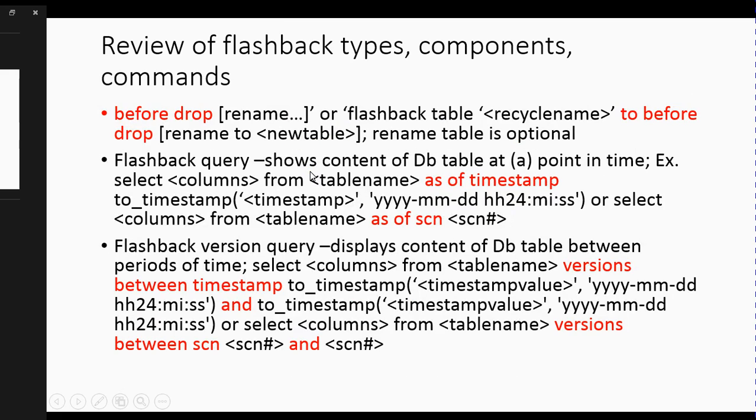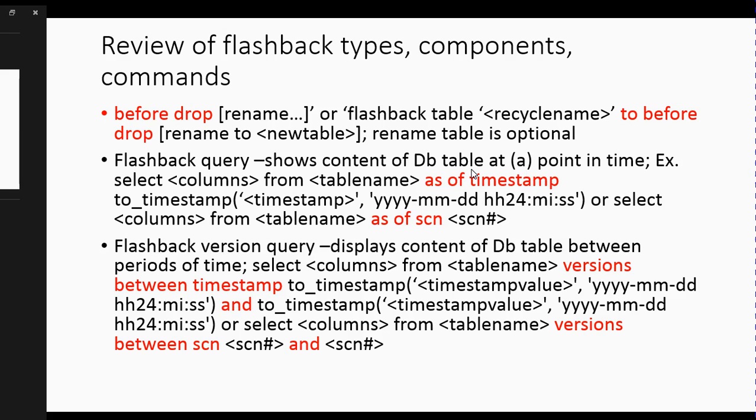The next flashback operation is the flashback query. Flashback query shows you the content of your database at a certain point in time, or SCN. Let's say you happen to modify some rows and you're not sure what's going on anymore.